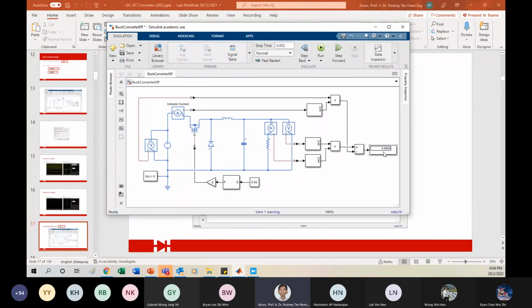You see, immediately my efficiency goes up to 94%. And I just changed the diode. I didn't change the circuit. I didn't change the switching frequency. I just used the so-called correct diode, then your efficiency shoots up to 94.